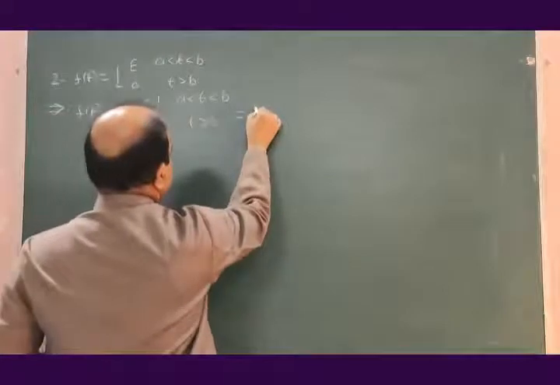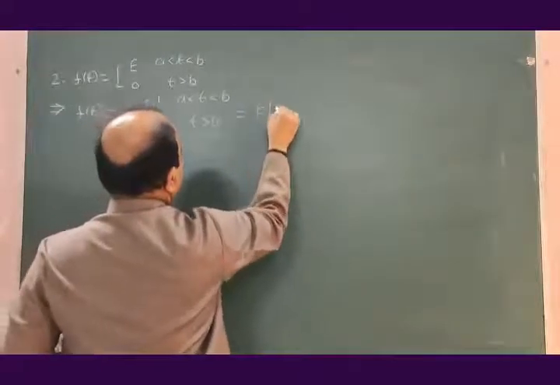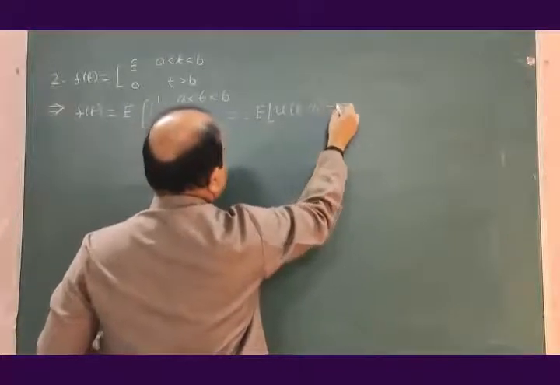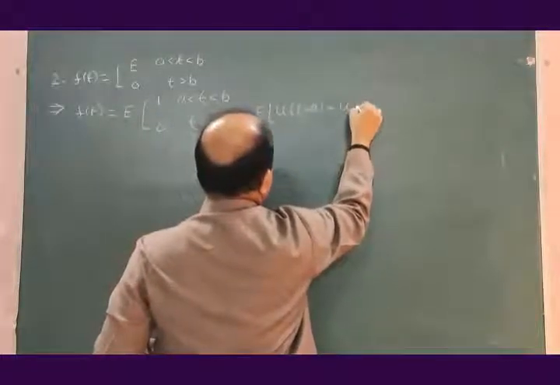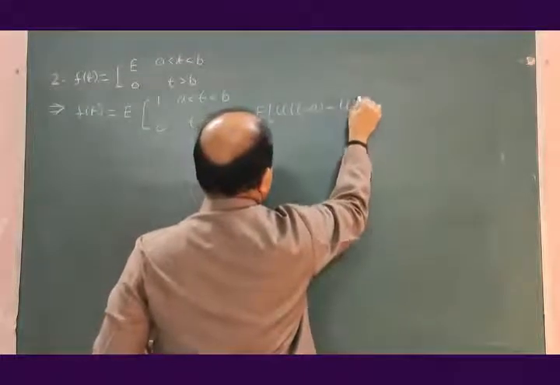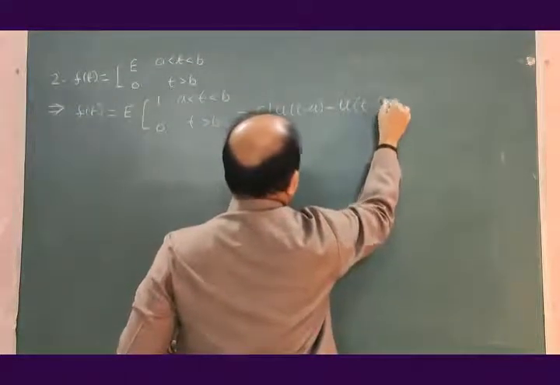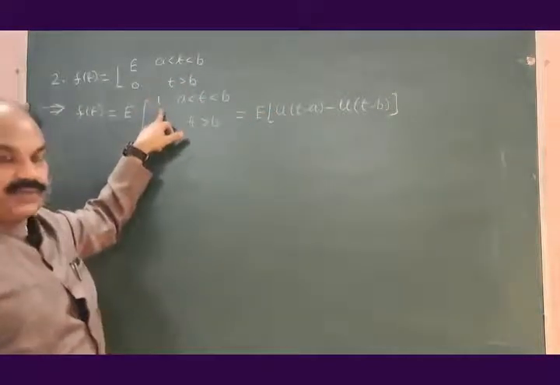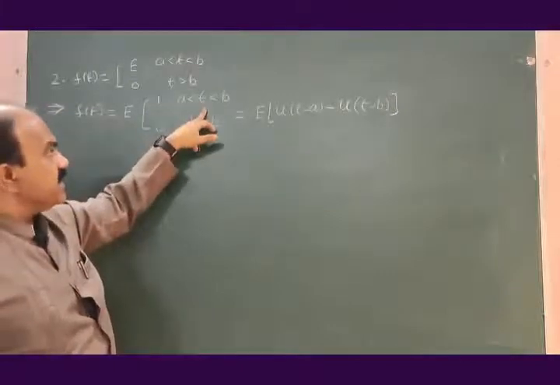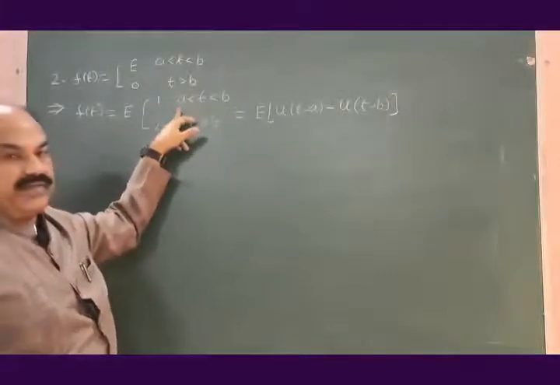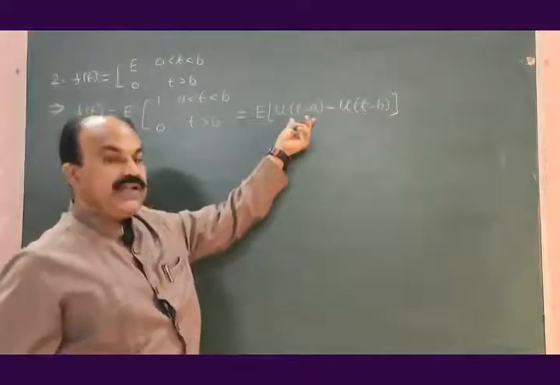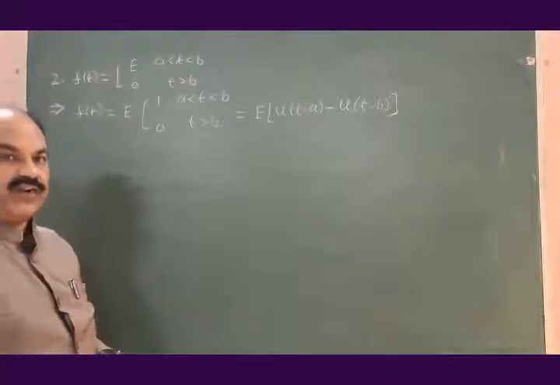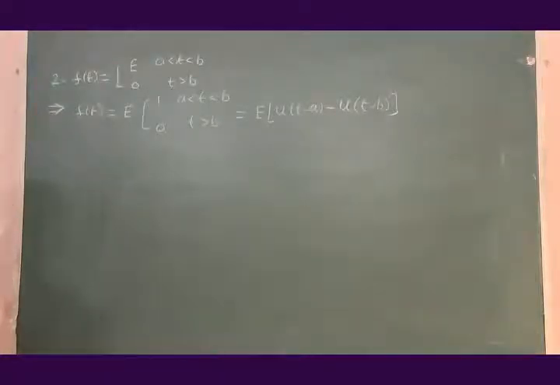This is nothing but e into u of t minus a minus u of t minus b. This function is one, a unit step function, when t is between a and b, and therefore u of t minus a minus u of t minus b will be the unit function.